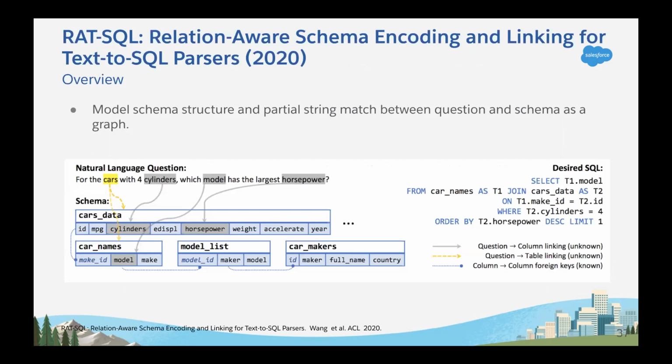Okay, so the next one I'll talk about is RAT-SQL, which is relation-aware schema encoding and linking for text-to-SQL parsers, published in 2020. Between 2017 and 2020, there were also a lot of good papers, and those papers focused more on adding type constraints or SQL grammar to constrain the decoding process.